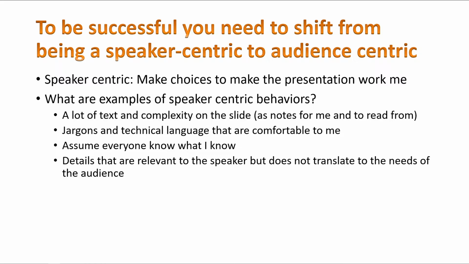So, text. Jargon: you assume everyone knows, like you say, you're an engineer, you should know this. And then you talk about things that you are excited about, but that don't really translate to the needs of your audience: what you want to talk about or what you think is exciting, not what is more useful for your audience.